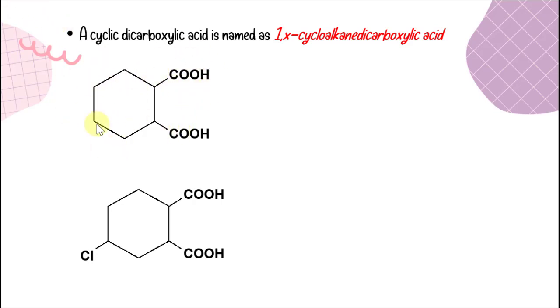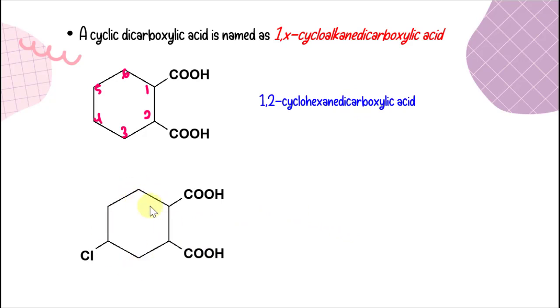Since there is no other substituent, this carbon can become our first carbon, and this one also can. Let's say I number it like this, 3, 4, 5, and 6. The IUPAC name for this compound will be 1,2-cyclohexane dicarboxylic acid, because our carboxyl groups are on the first and second carbon. We have two carboxyl groups, so use the prefix di.